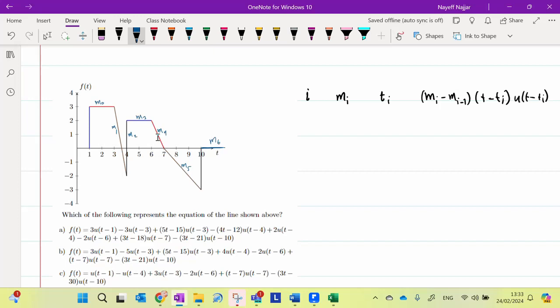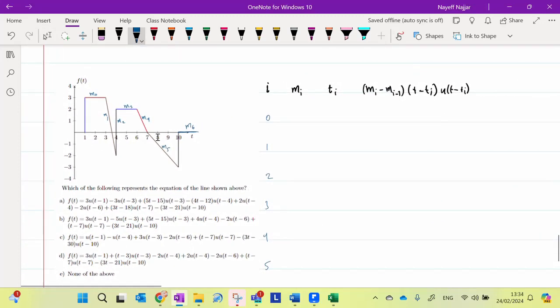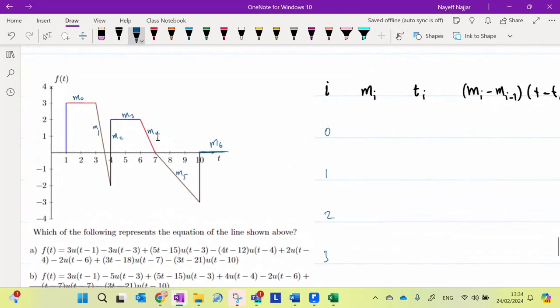Here m6 is equal to 0. So I have 0, 1, 2, 3, and then I have 4 and 5 and 6. I have 6 segments. And for the slope, horizontal lines have a slope of 0. So this has a slope of 0.